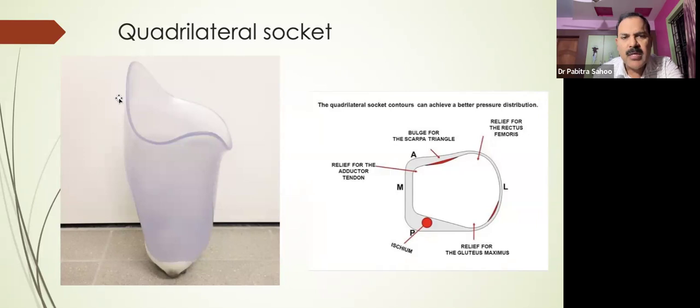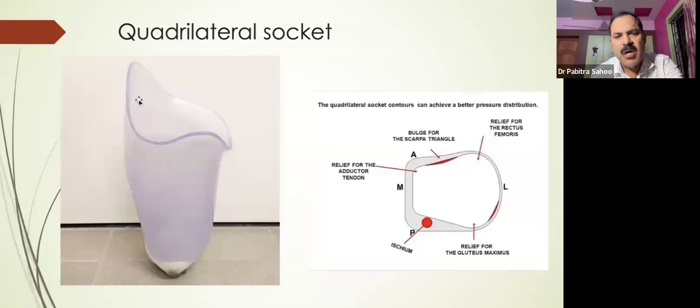For this socket, the anterior wall extends up to the trochanter, not to the tip of the trochanter, but to the trochanteric prominence level, and there should be a gluteal clearance bulge which supports the gluteal bulge, and there should be an ischial seat over here. On the medial side there should be adequate perineal clearance, and this is for the adductor roll area to give clearance to the adductor roll, and this is the area where the rectus femoris muscle has clearance.